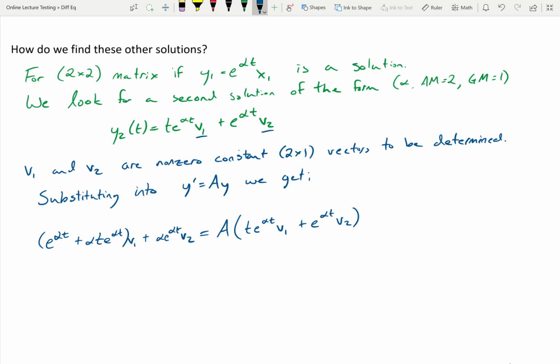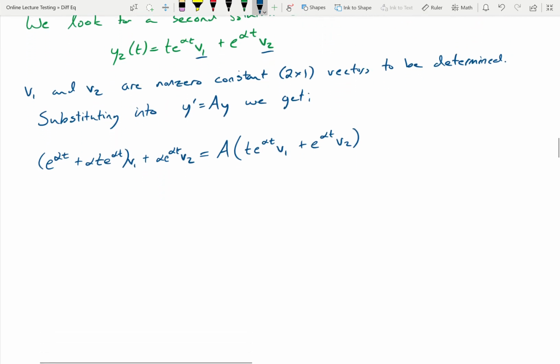Okay, so this is the derivative of the first piece associated with te to the alpha t, because we have a product rule that's popping. All right, well, let's move everything over to the left-hand side, kind of what we dealt with when we first started dealing with these systems.